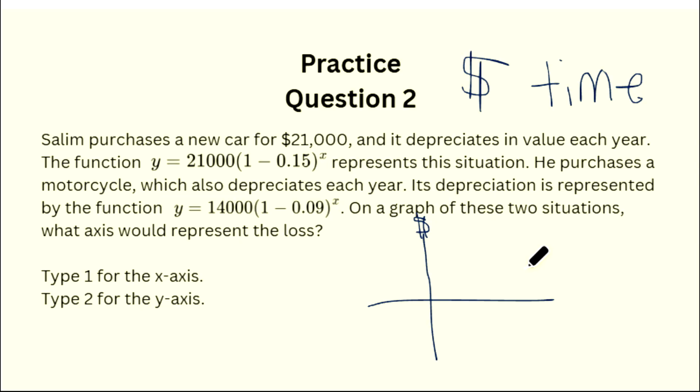Which one is the dependent factor and does not change and does not care what you do? Time. So on the graph of these two situations, what axis would represent the loss? The y-axis. So you would type 2. Now this might be shuffled in yours, so don't just type 2, actually read it.